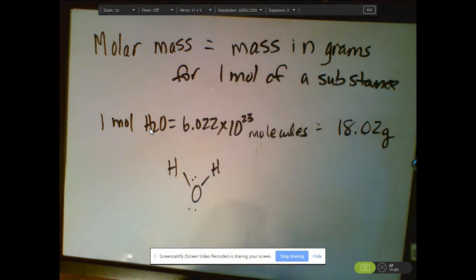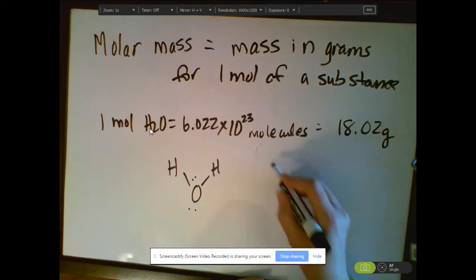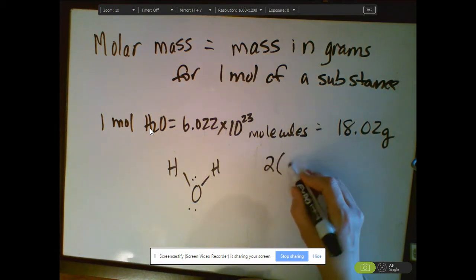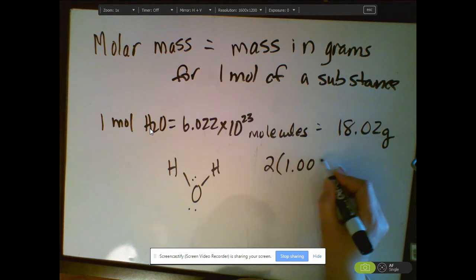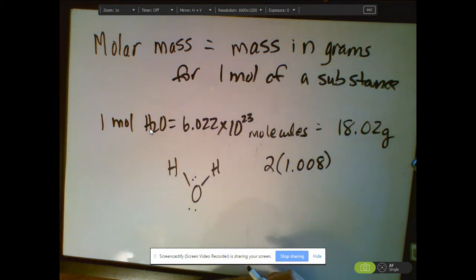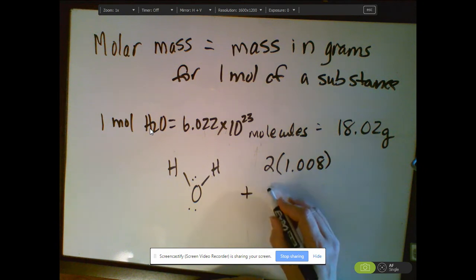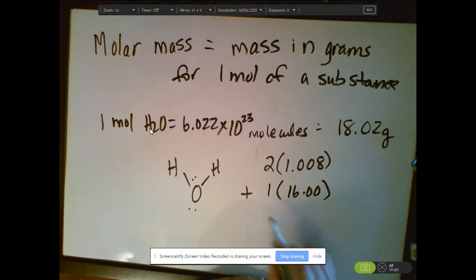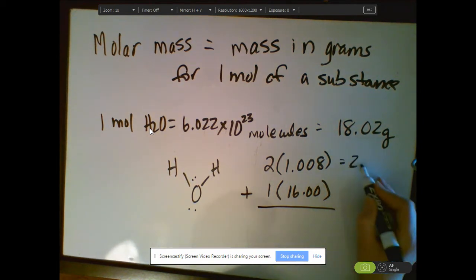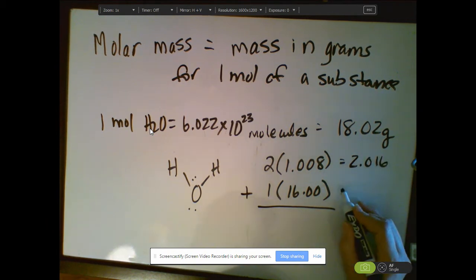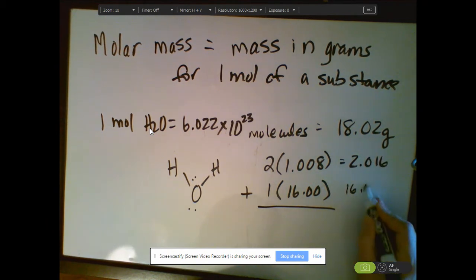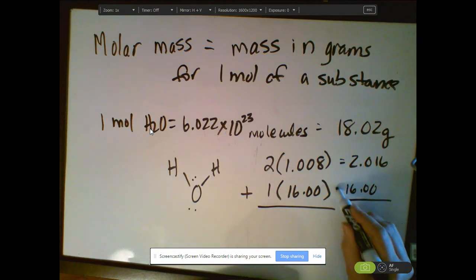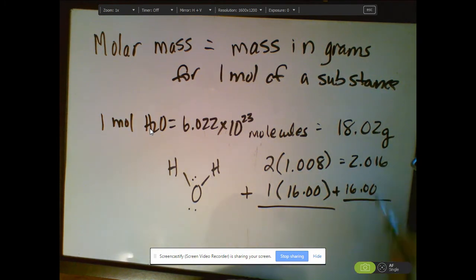And so when we do the molar mass of water, we have to take 2 of hydrogen's molar masses, so that would be 2 times 1.008, plus we have to add the mass of 1 oxygen, which is 16.00. When we add that together, actually I'll bring the math out here, you have 2.016, and this equals 16.00, way back to the beginning of the year when we talked about adding and keeping track of significant figures.